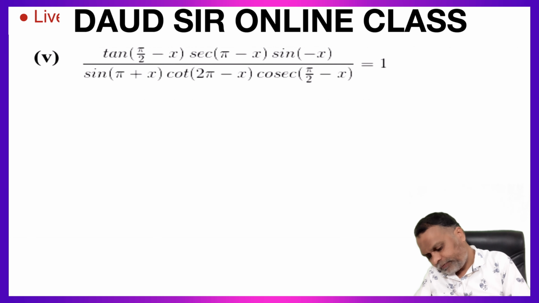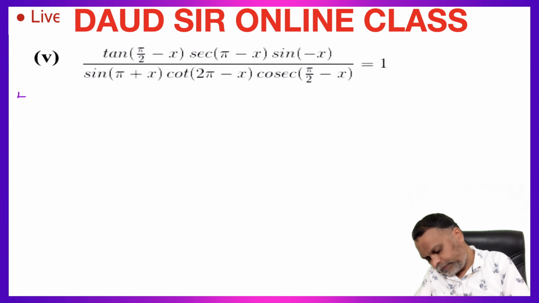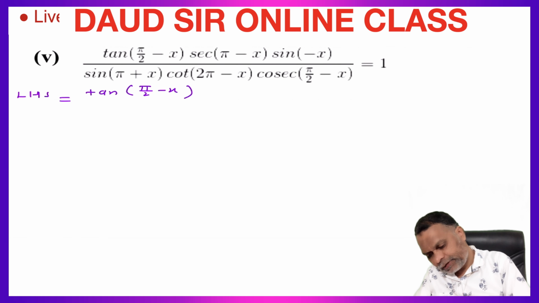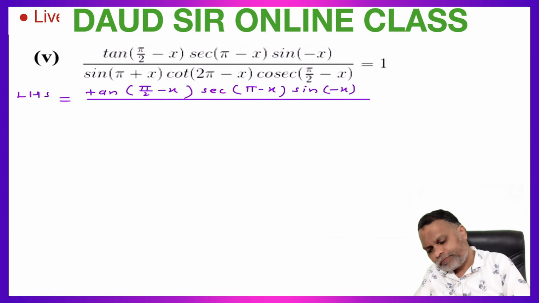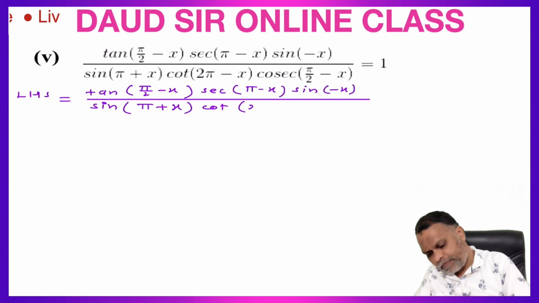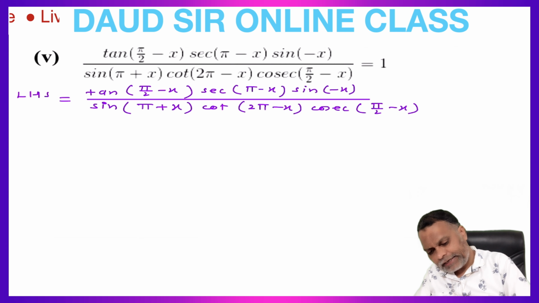Taking left hand side is equal to tan(pi by 2 minus x) into sec(pi minus x) into sin(minus x) divided by sin(pi plus x) into cot(2 pi minus x) into cosec(pi by 2 minus x).